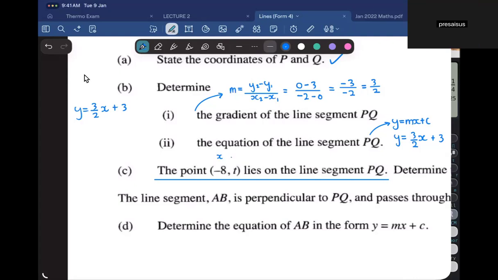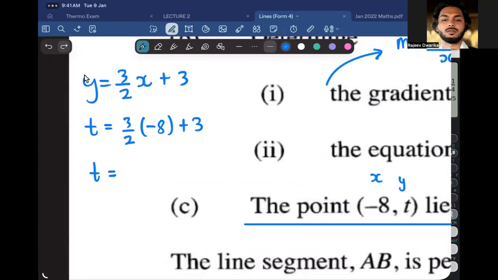Y is t. Yeah, y is t. So we're going to replace y with t. So t is going to be equal to 3 over 2, and we know x is minus 8, plus 3. Well, I know 2 could go into negative 8, four times, so it will be negative 4.